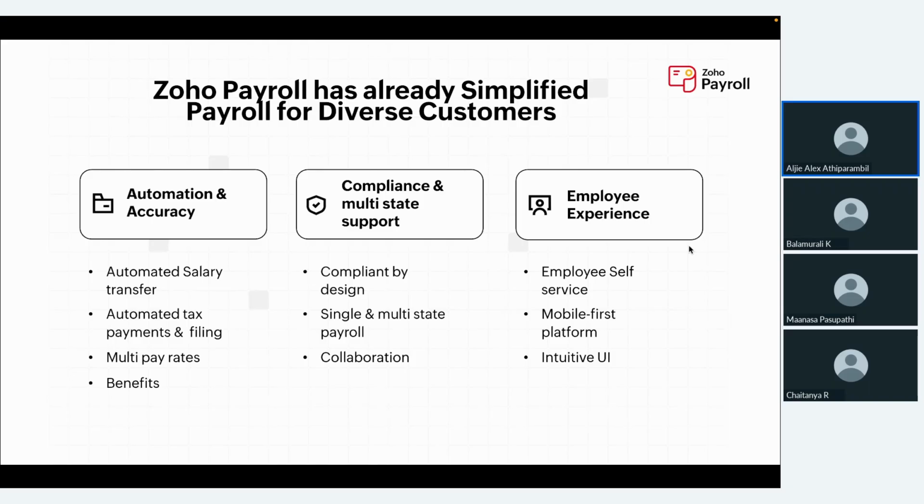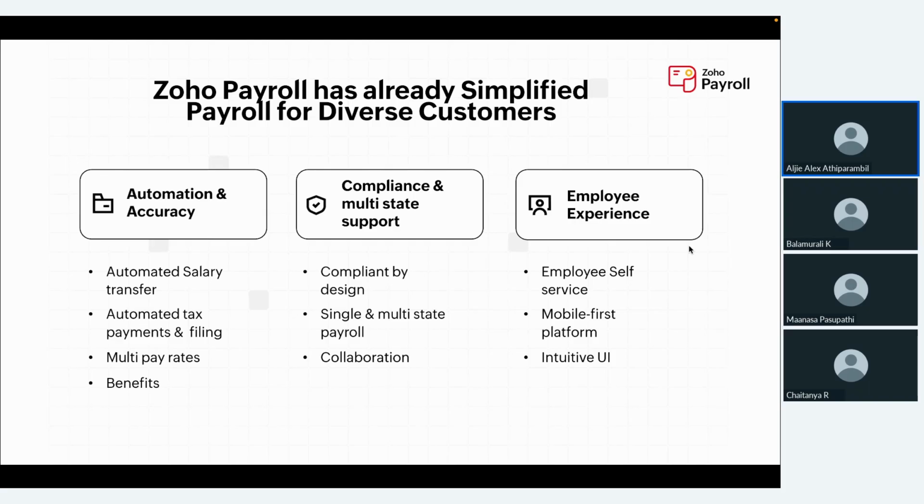It handles multiple pay rates and benefits management as well, ensuring everything runs smoothly without errors. Second, compliance and multi-state support. The platform is compliant by design and can seamlessly manage both single state and multi-state payrolls. It also facilitates collaboration between HR and finance teams, making compliance less stressful for you.